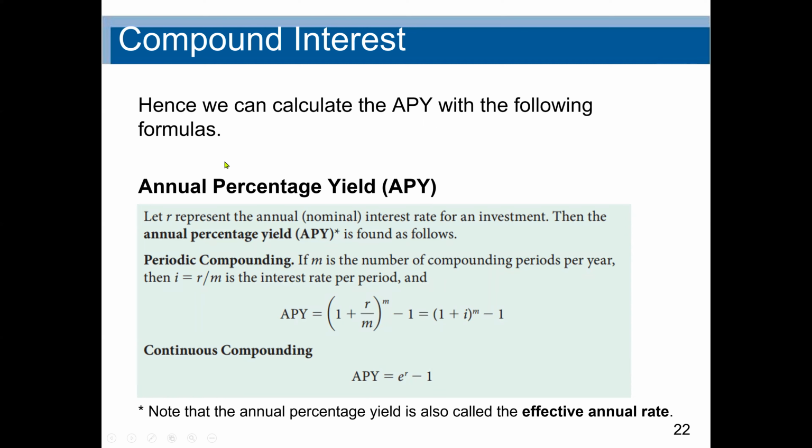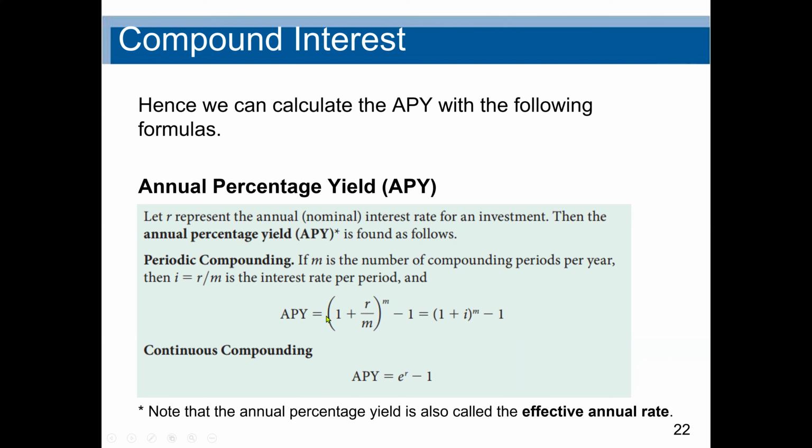So we can calculate APY with the following formulas. Let R represent the annual nominal interest rate for an investment. Then the annual percentage yield is found as follows. For periodic compounding, if M is the number of compounding periods per year, then I will be R divided by M, the interest rate per period.